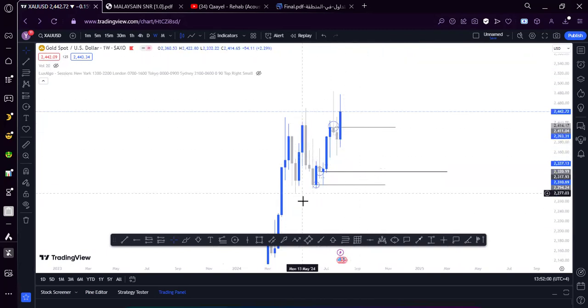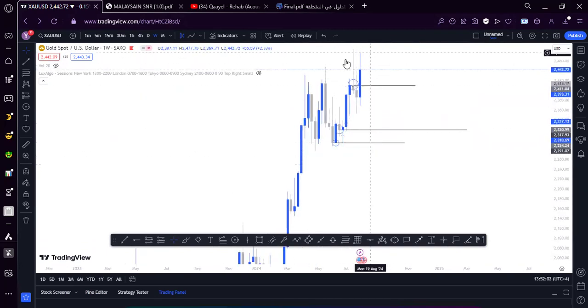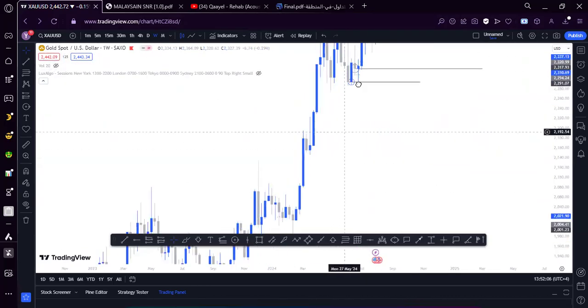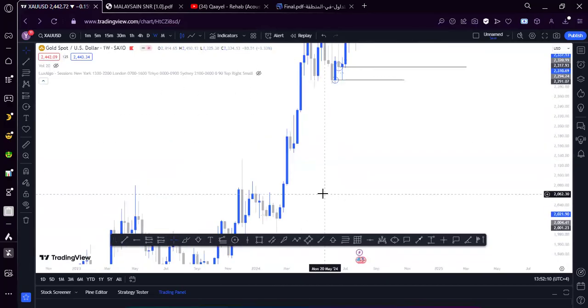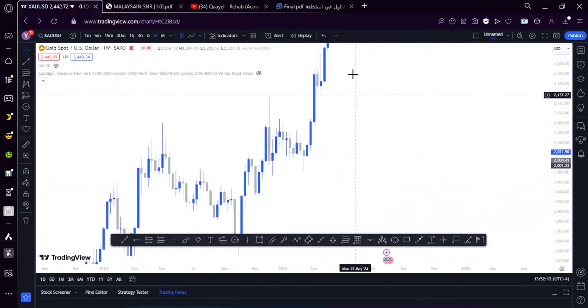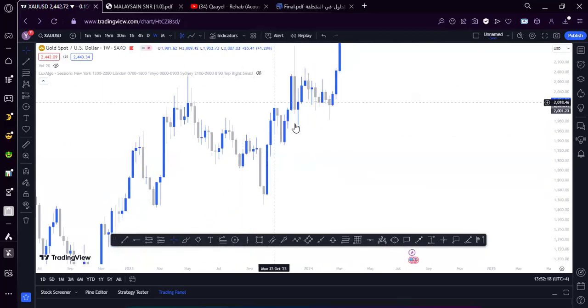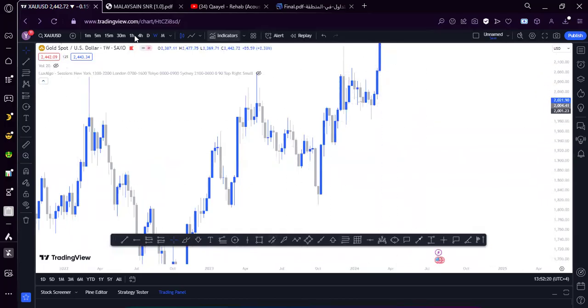For the homework, I will send you the homework that allows you to master these simple setups by backtesting on the past levels. Okay, there are a lot of examples here.